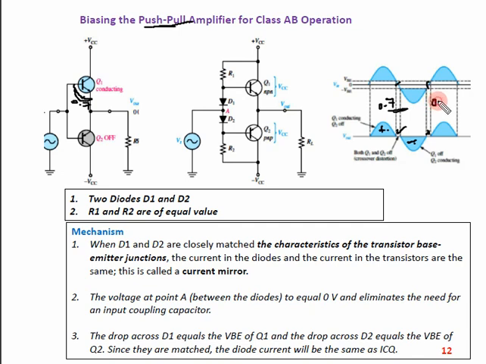If we somehow provide conduction for a biasing of 0.7, this distortion area would get eliminated, and we would have a continuous waveform from here to here, and then a continuation like this. So the crossover distortion will be eliminated.